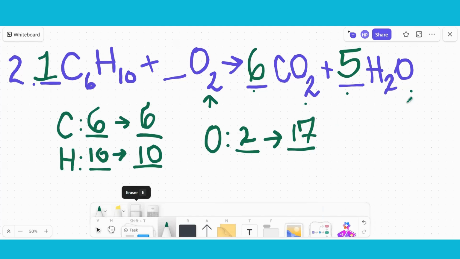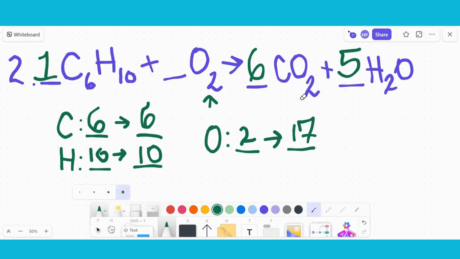So we know that this is only going to work if the coefficient in front of our water is an even number, because the water only has 1 oxygen. The easiest way to turn it to an even number without messing up everything is to just multiply what you have by 2.